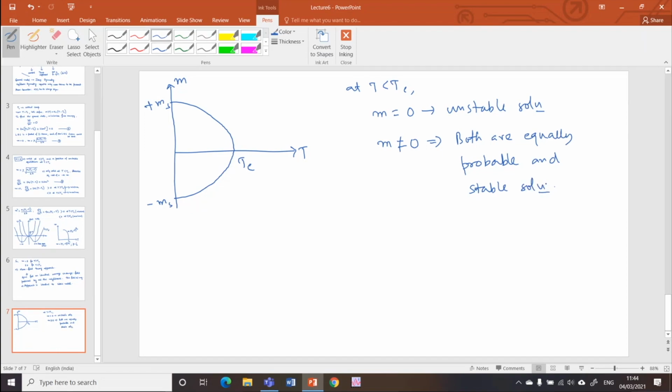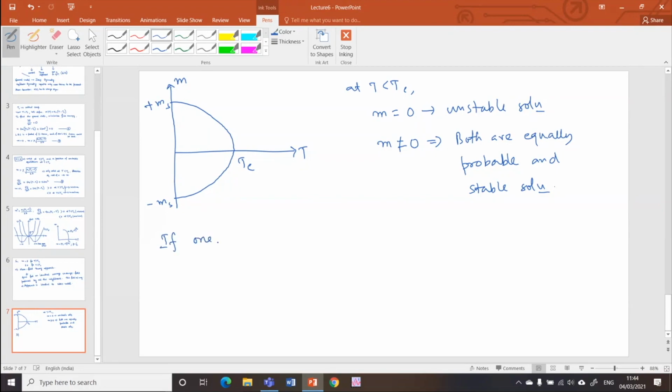So if one wants to move from plus m to minus m, then we have to apply certain energy.